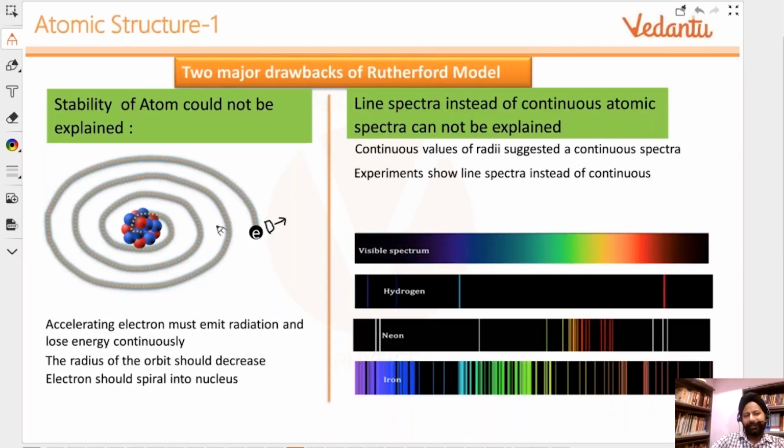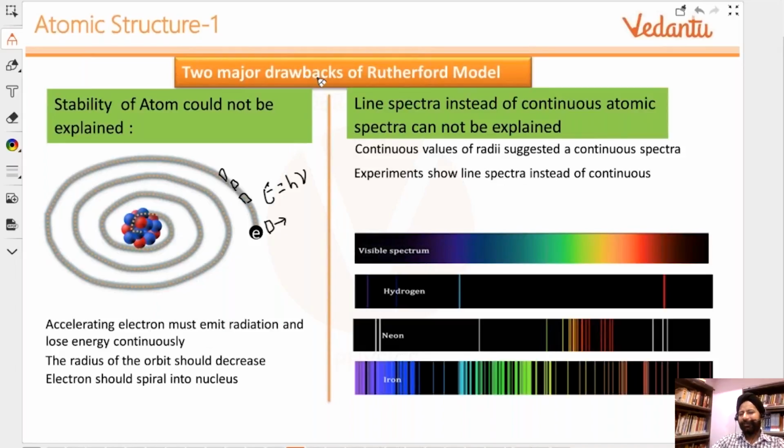Now another problem is, if it is doing that, then it is emitting. We'll see the calculations. There is a certain frequency, so a certain energy it has here. That energy is equal to h times nu, right? Does everybody understand this? Energy of a photon is Planck's constant multiplied by the frequency, right? So now there was some energy, then there should be less energy, less energy, less energy.